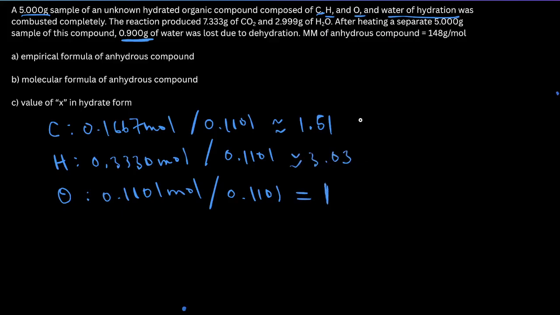And so you may be tempted to just round this 1.51 to 1.5 or to 2 or to even 1, but all of those would be wrong. That is a very common mistake. Again, students are often tempted to just round this number, but we cannot do that. Again, remember, our mole fractions need to be as close to a whole number as possible. So in this case, we would have to multiply by 2 to bring everything as close to a whole number.